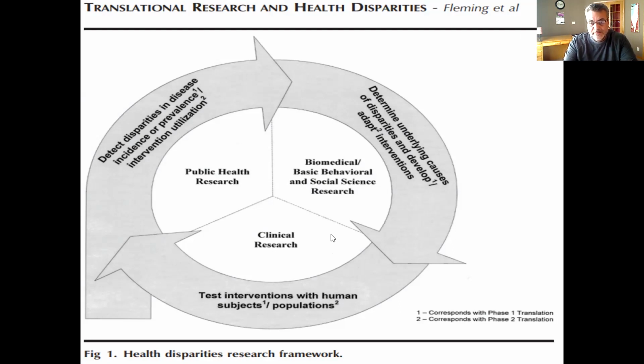Here you find the interventions. So first, the problem applies to biomedical, basic behavioral, and social science research. Then you bring it to clinical research, or you can do trials, depending on what questions you have. And then detecting disparities in incidence or prevalence, it's a full circle, I believe, that starts from here: detecting the problem, then determining what causes it, and then testing interventions, and so on and so forth.